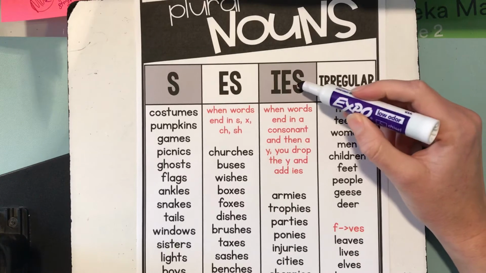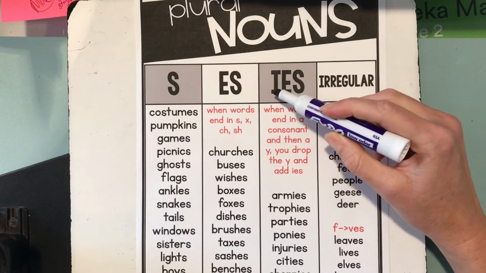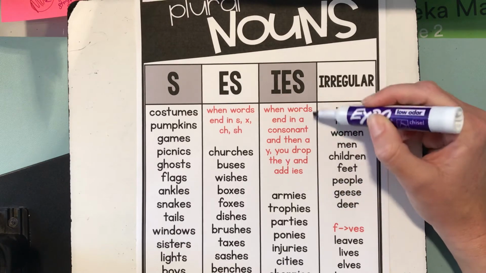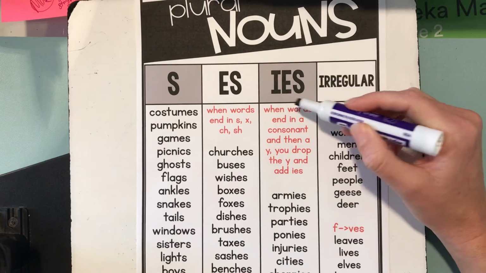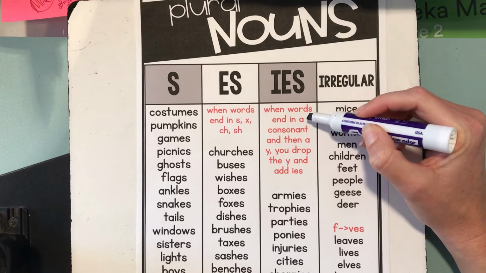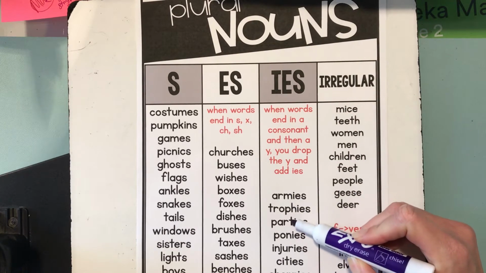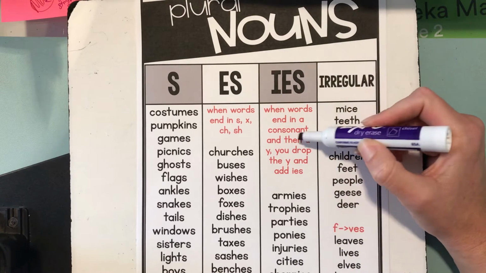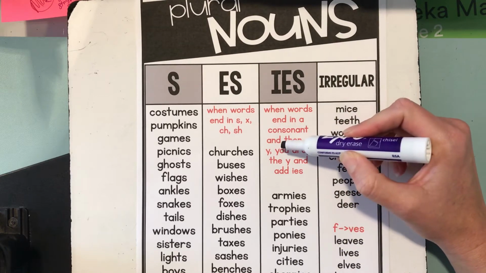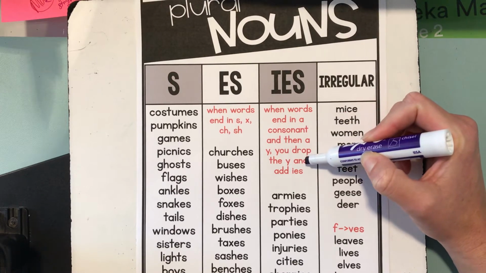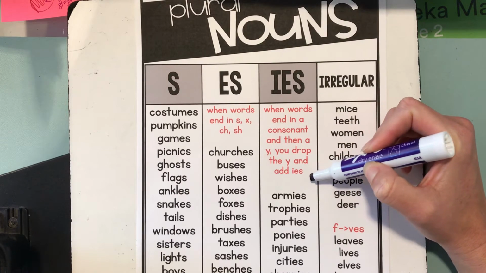And sometimes, some words, we have to add IES to make it plural. And this is the rule that you have to remember for that. When a word ends in a consonant, so a consonant letter like M, H, T, okay, those are consonants, and then a Y, so a consonant and then a Y, you drop the Y and add IES.